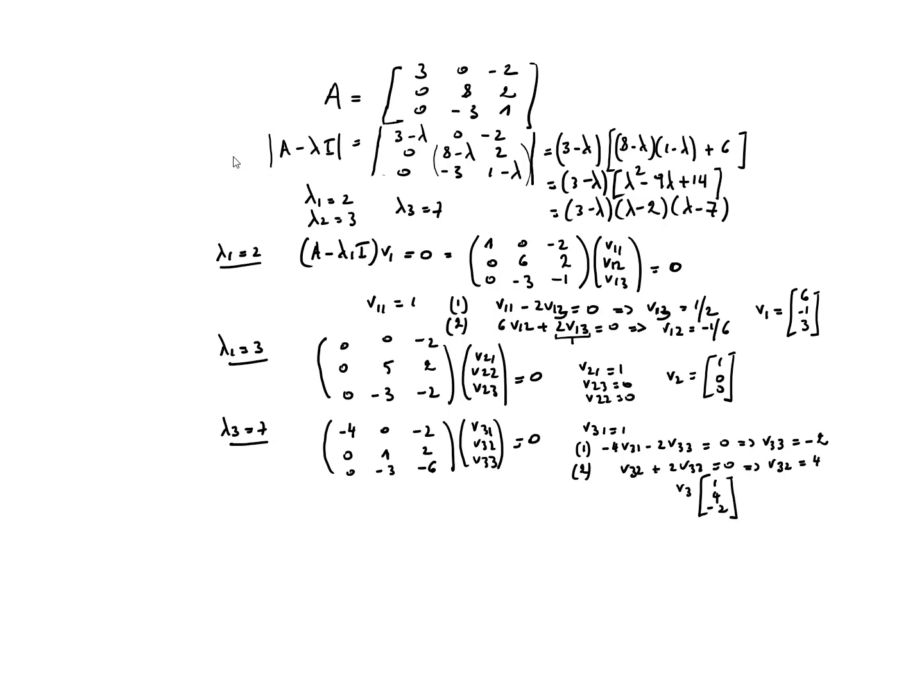Okay, so if we stack the vectors, this will be s minus 1. Then we need the matrix A over here. Then we just take s, and we should obtain lambda. Okay, so 6 minus 1, 3, 1, 0, 0, 1, 4, minus 2.